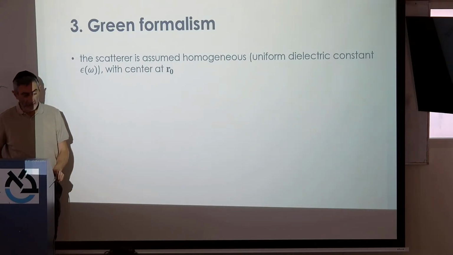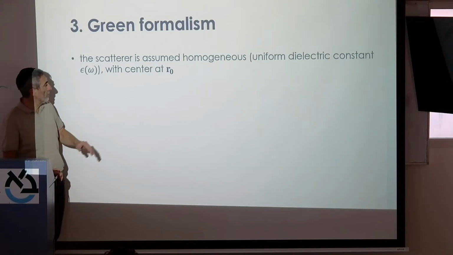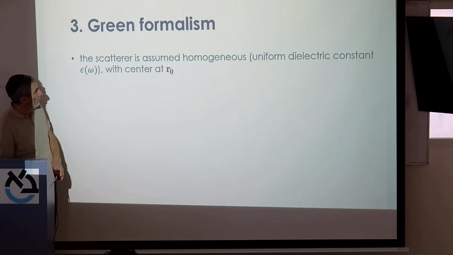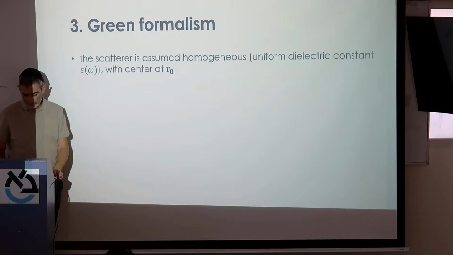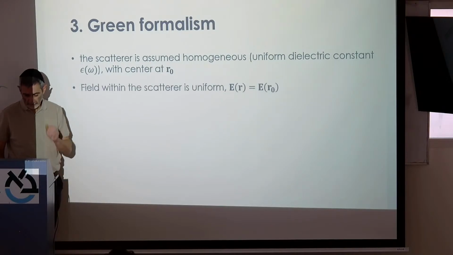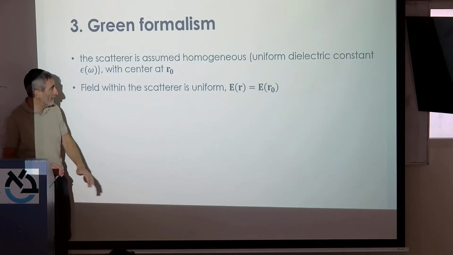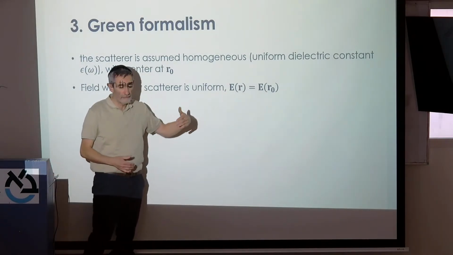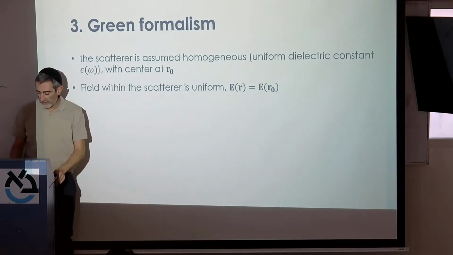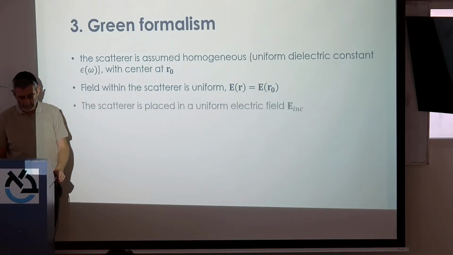Again, we are always in this approximation where the scatterer is assumed homogeneous, which means uniform dielectric constant, centered at R0, as we said before. If the dielectric constant is uniform there, the field is also uniform, so we can write at least this simplification that E of R is equal to E of R0.